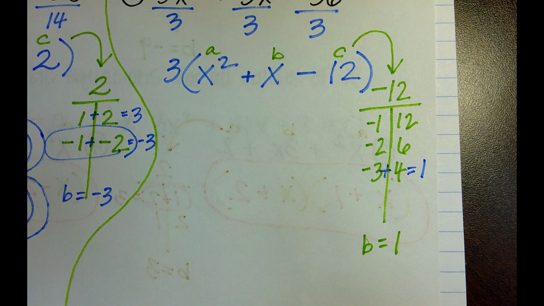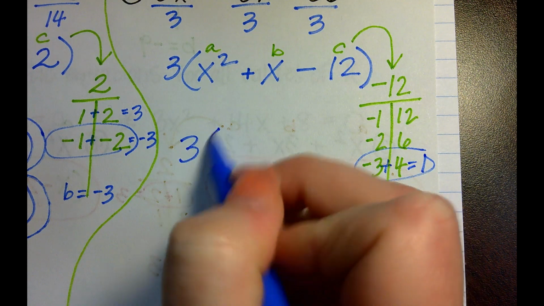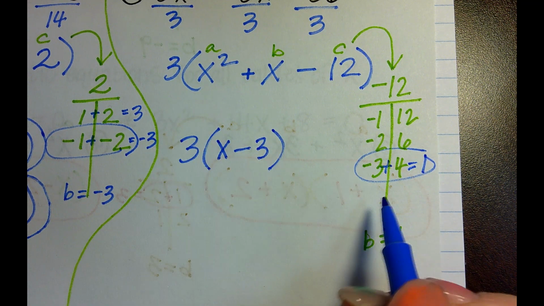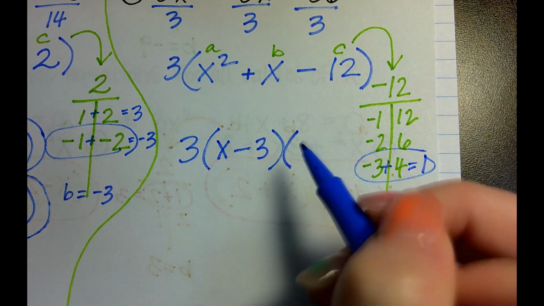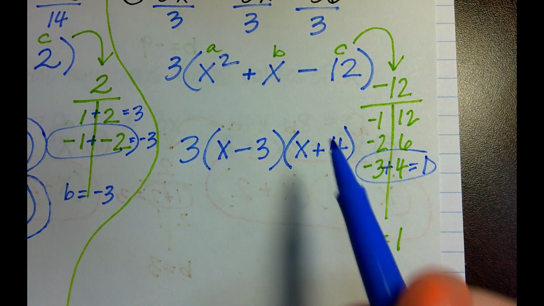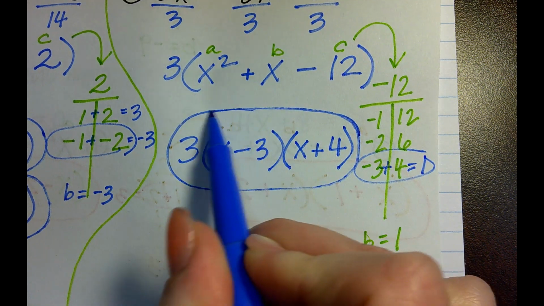So that's what we'll use. What will our answer look like? 3, and then in parentheses, x minus 3 and x plus 4. Perfect. And we'll circle it so that we know this is the answer.